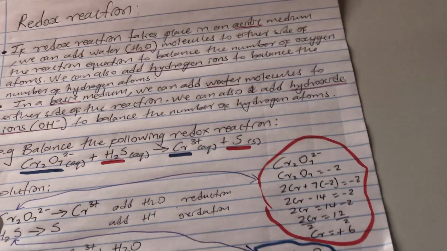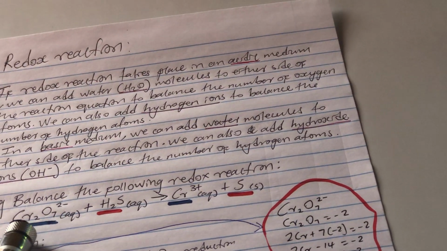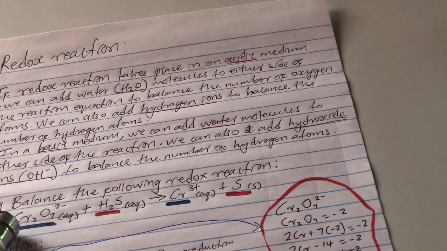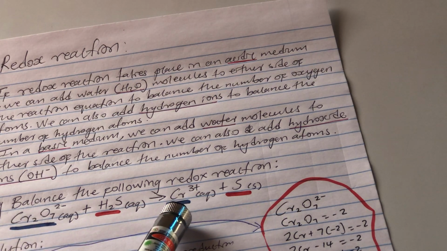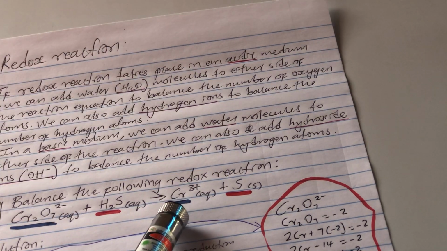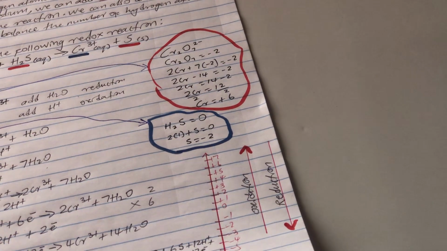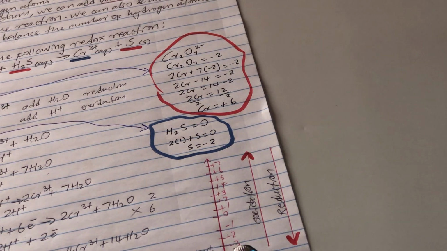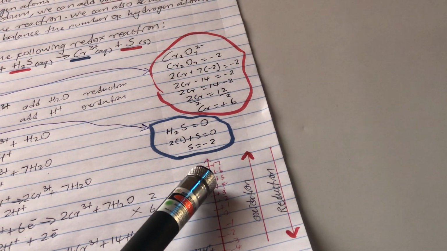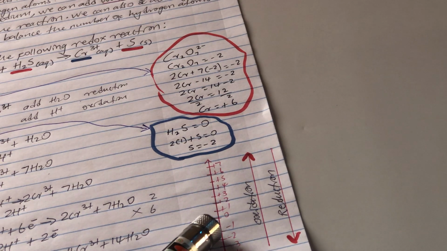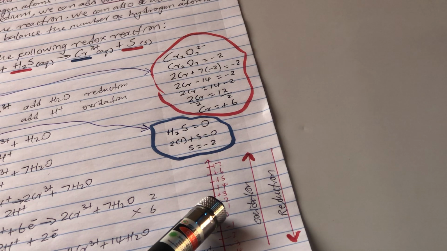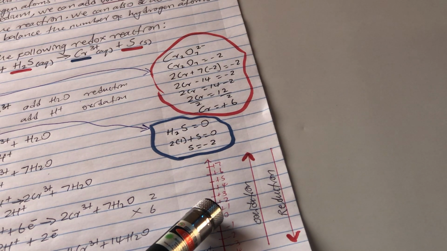Now we know that the Cr here, its oxidation number is +6 as a reactant. And then as a product, we now have 3+. Let me bring back this number line that I've used in part 2. It was 6. Now, as part of the product is 3. What happened to the oxidation number? It has decreased.